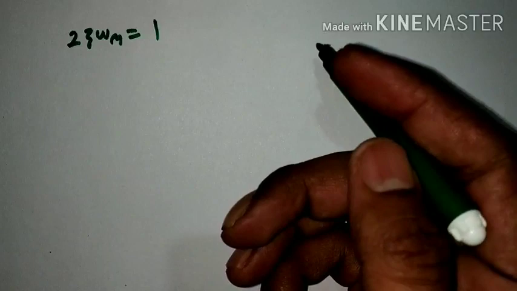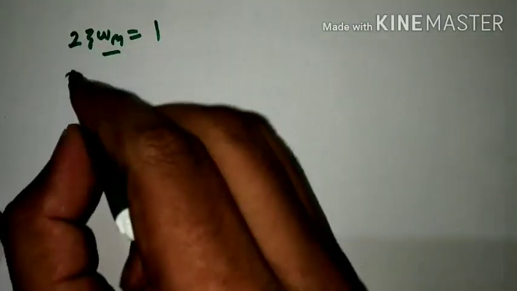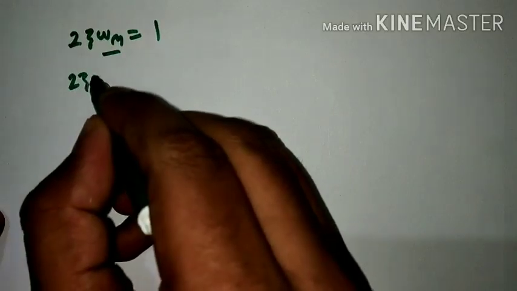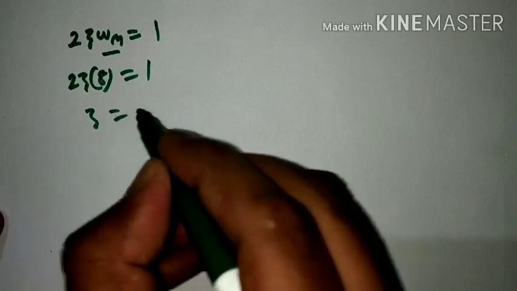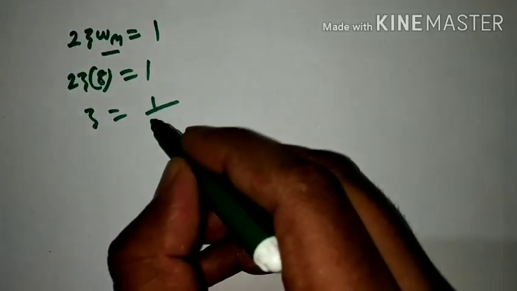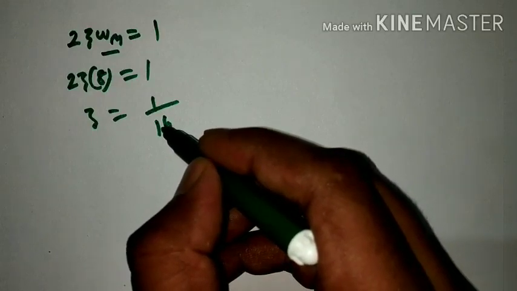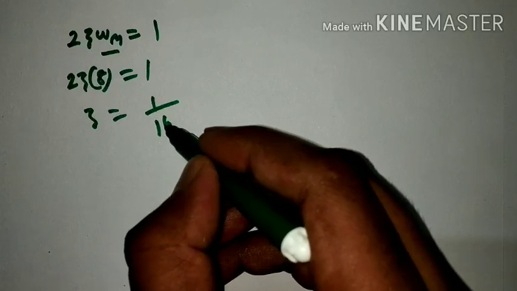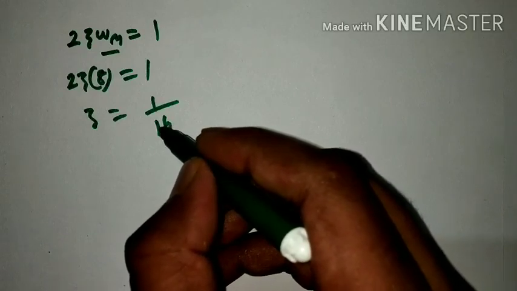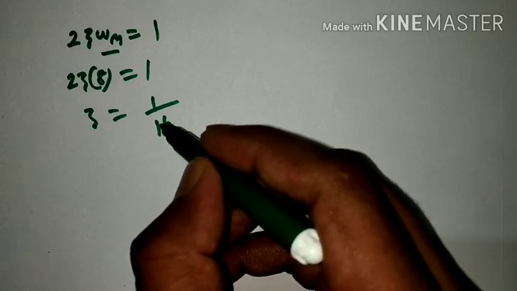You already know omega n is equal to 8, so 2 zeta times 8 is equal to 1. So how much? 1 by 16. What is the 1 by 16 value? Just wait a minute.